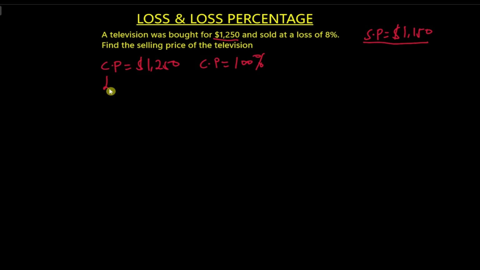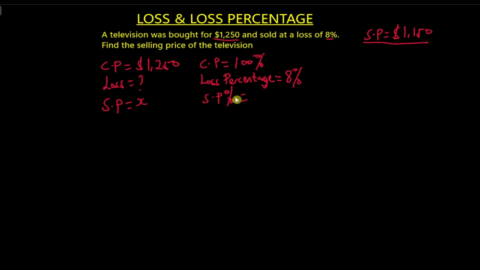And the loss over here too, we don't know. And also the loss percent, it was given as 8%. And the selling price, which we are looking for, we don't know. So let's represent the selling price by x as a variable, and also the selling price percent.